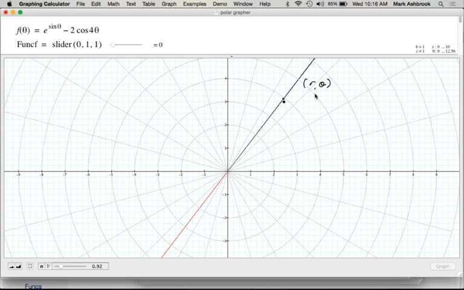What is the x-coordinate? And what is the y-coordinate of that point? X would be r cosine theta. Y would be r sine theta.